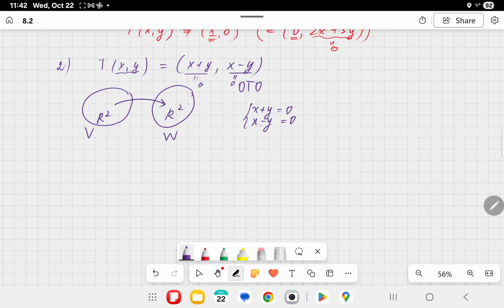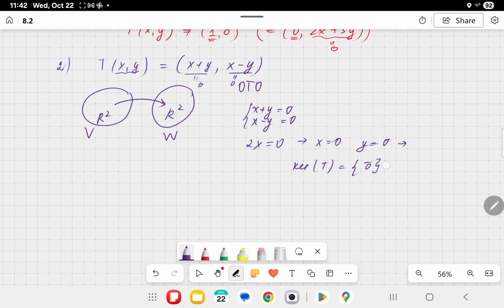Well, if I add these two equations, I'm going to have 2x equals 0, which means that x must be equal to 0. And if I plug x equals 0 here, I'm going to get y equals 0. So actually, the only vector in the kernel of this transformation is the 0 vector. So I'm going to write down that the kernel of this transformation is only vector 0.